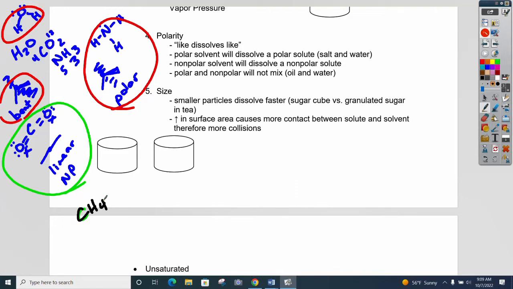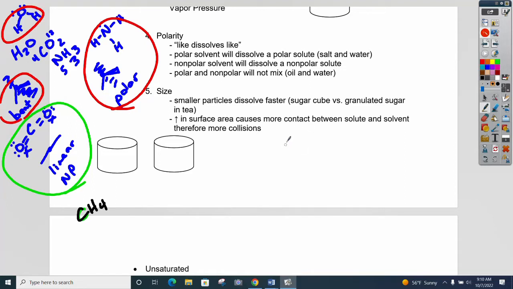So my point is, you've got to go back to drawing your Lewis structures, figuring out your shape, and from your shape, determine your polarity. If you've got 2 things that are polar, they are more likely to dissolve in each other. Polar dissolves in polar. Nonpolar will stay with nonpolar substances. And polar and nonpolar do not tend to mix.